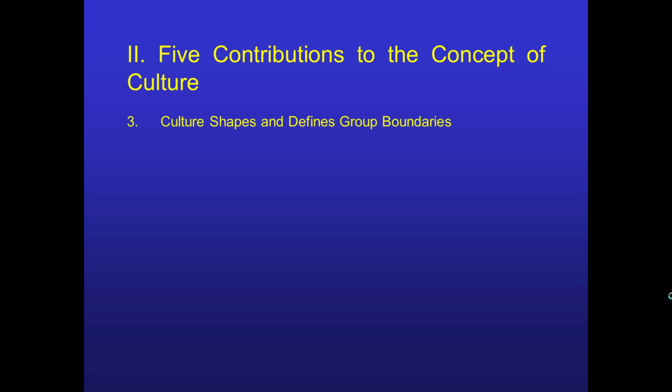Okay? The third aspect, the third contribution of culture, we're taking this one step further and further. Now that we have gotten to the point where culture creates group identities, culture also shapes and defines the group boundaries. In other words, who's in and who's out, right?